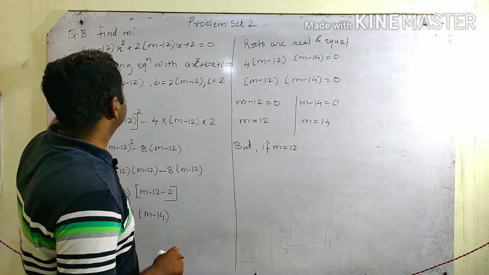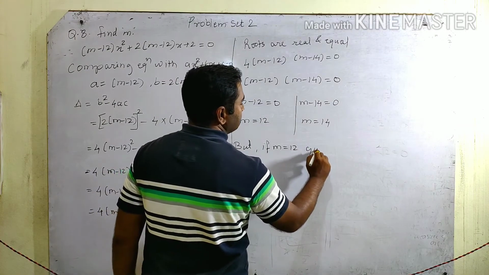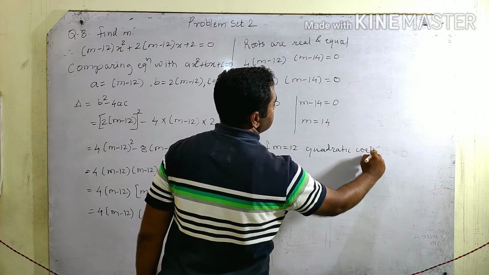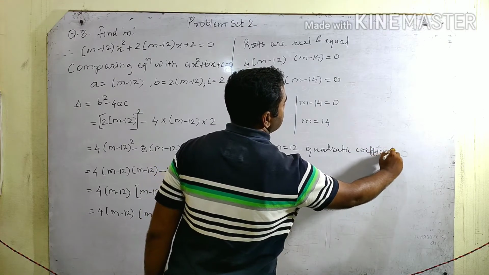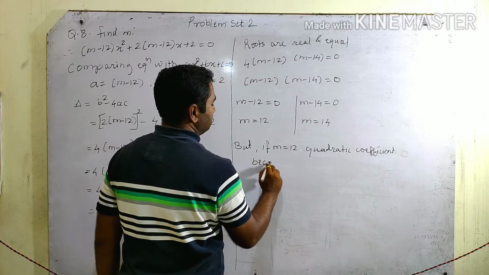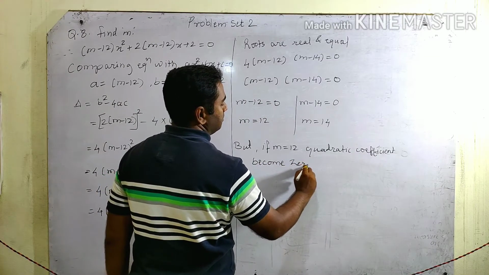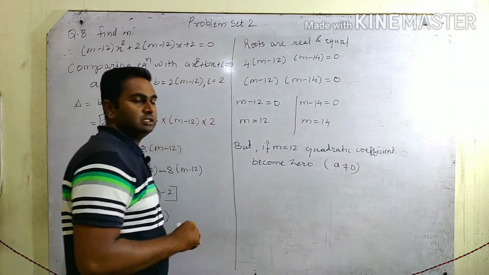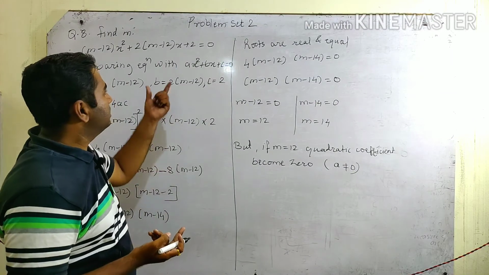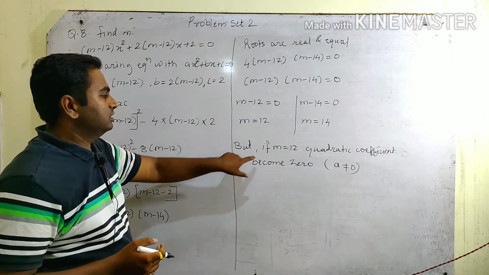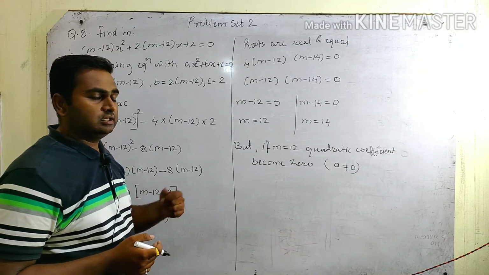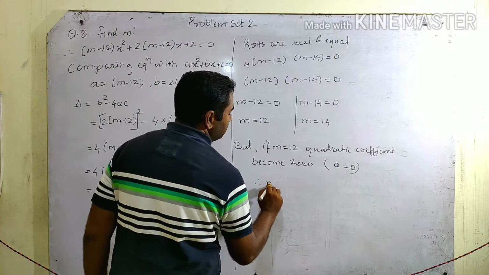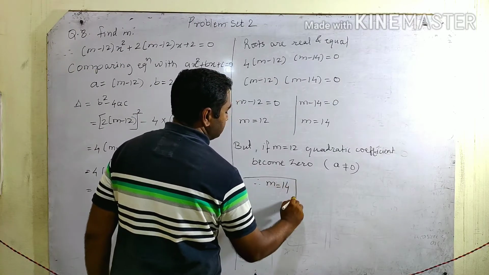See, if you take m, the quadratic coefficient becomes 0. We know that a is not equal to 0. Okay, if a is 0 then it will not be a quadratic equation. So if we take m is equal to 12, will it be an equation? No. So what is the value of this m? So we put m is equal to 14 as our right answer.